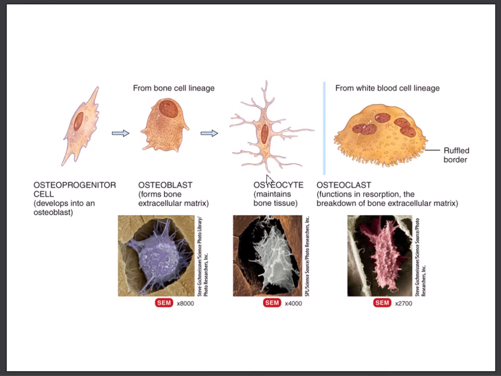And the job of the osteocyte is no longer to make the matrix, but to maintain the matrix. So here's an osteoblast right over here. You can see it's a small cell. They had to magnify this 8,000 times to see that cell. It's tiny.